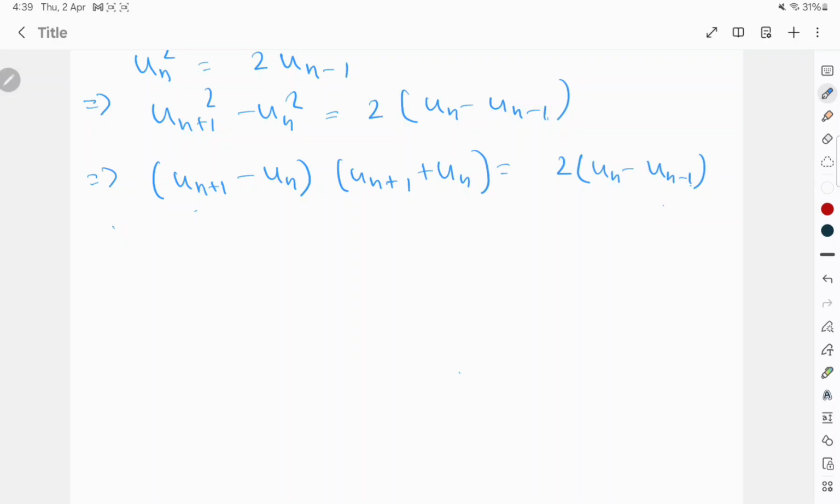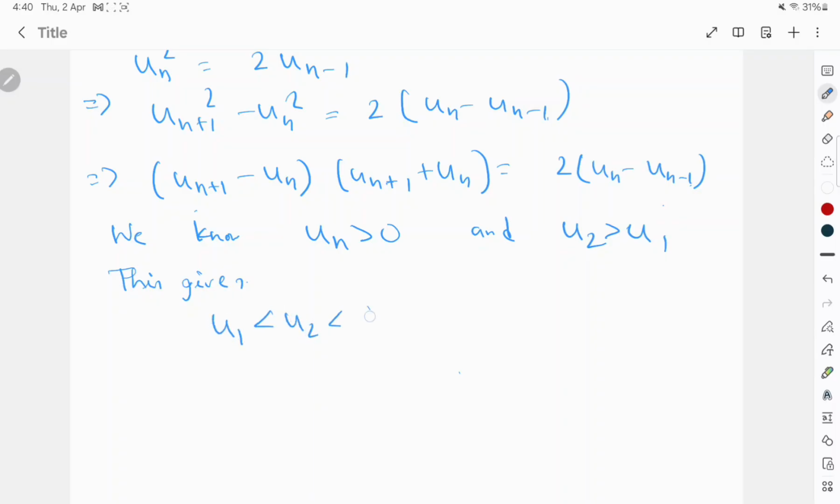So we know un is greater than 0 and u2 greater than u1, so this gives u1 less than u2 less than u3 and so on.